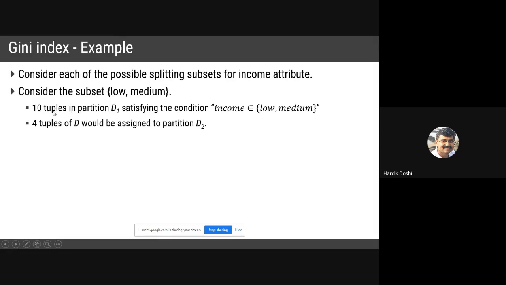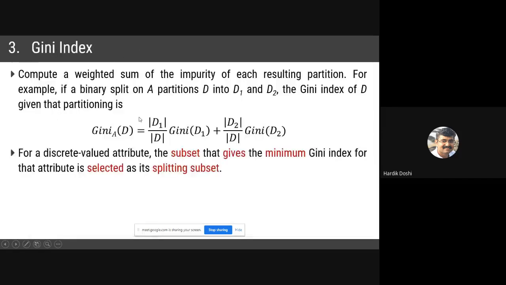Out of all 14 records, we need to find the number of records which belong to low and medium income. So 10 tuples are there in partition D1 which satisfy the condition income belongs to low and medium. Let us see the example.